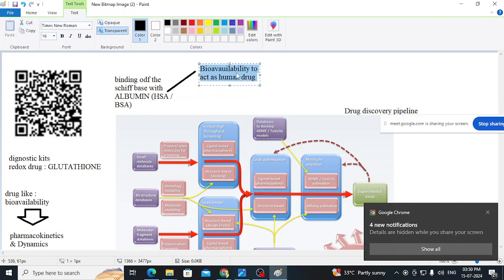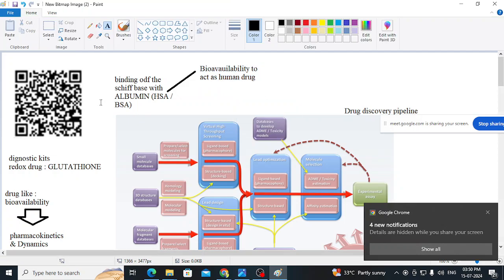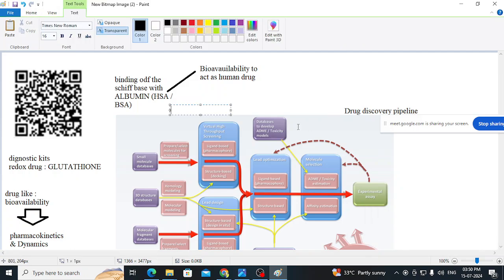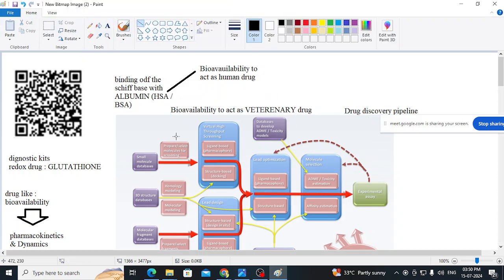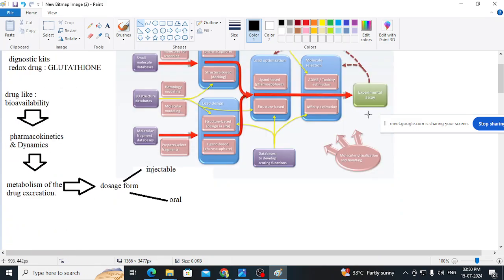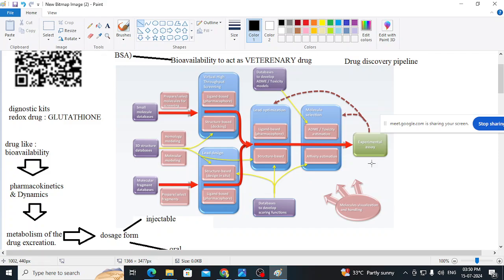Also, if the binding of the same molecule is good with BSA, then you can use it as a veterinary drug. So that was the idea. If HSA binding is good, BSA binding is also good. Now, I am audible, right?